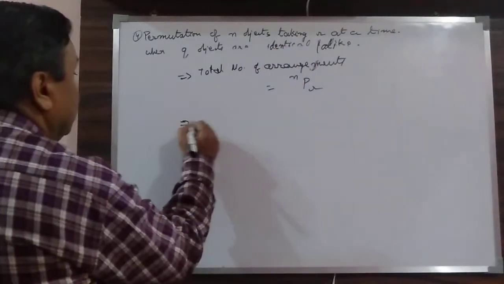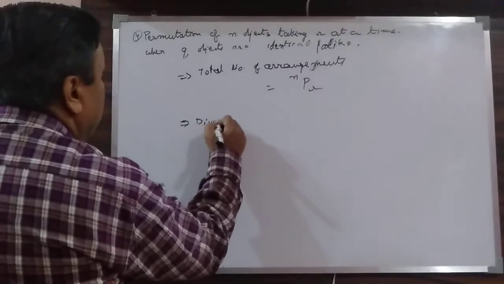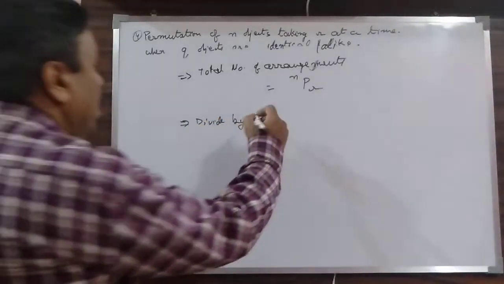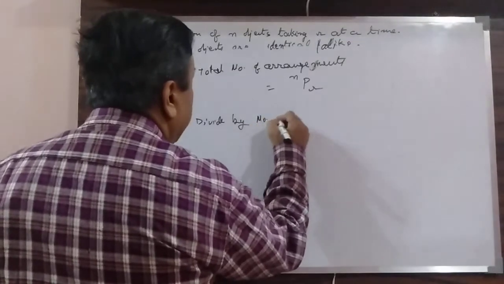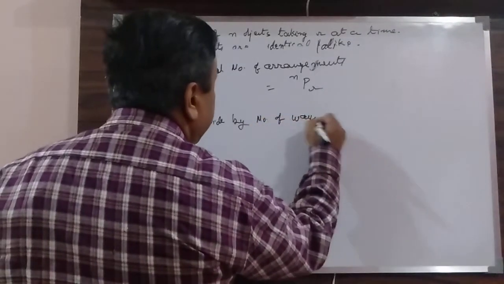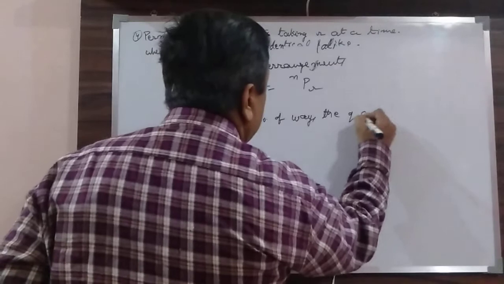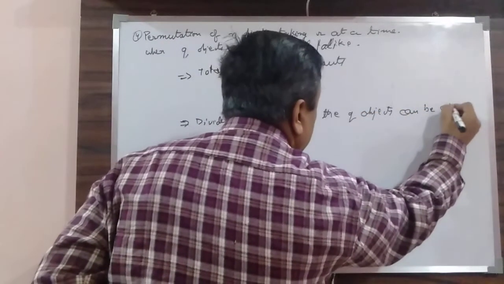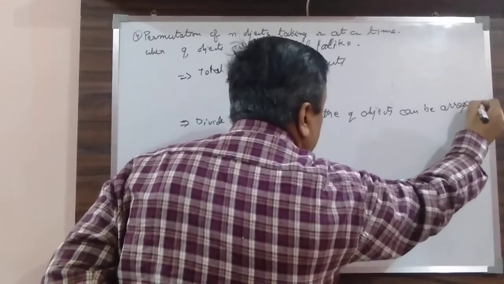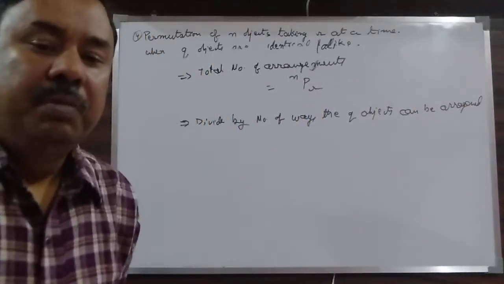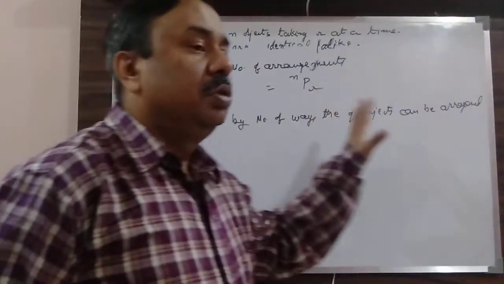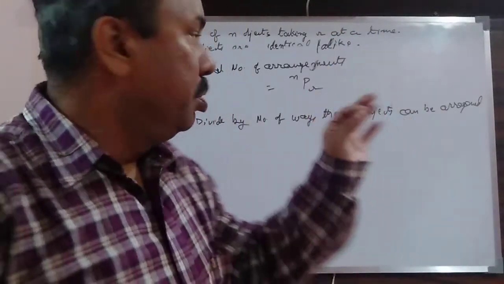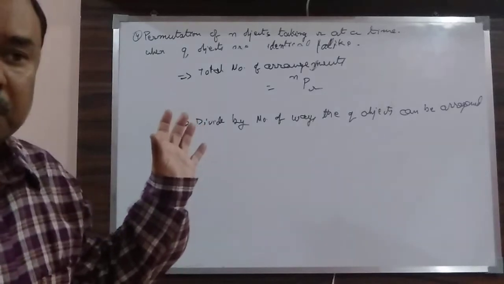So divide by the number of ways the Q objects can be arranged, because for all those arrangements I have to take one arrangement. Suppose that value of Q is 2.